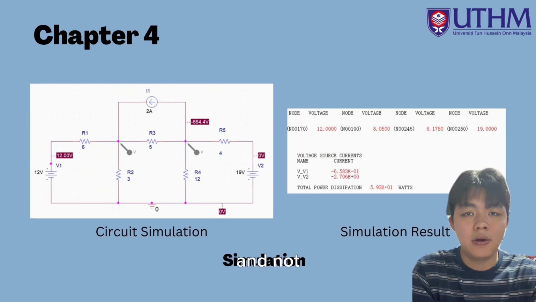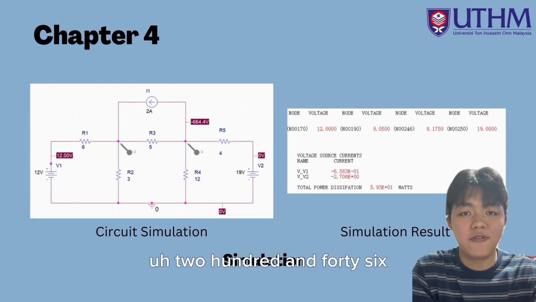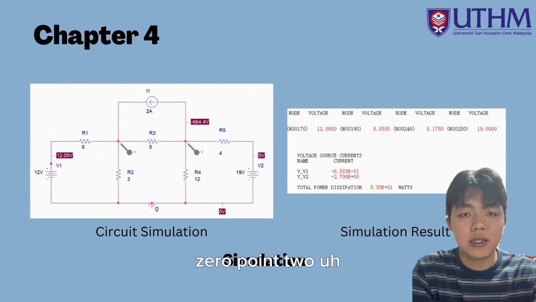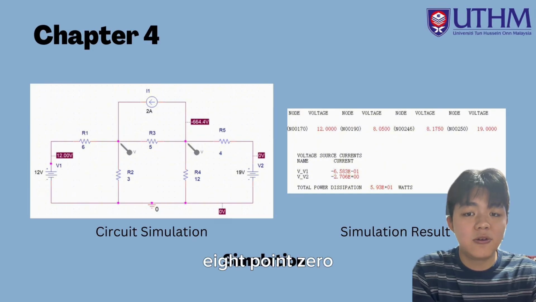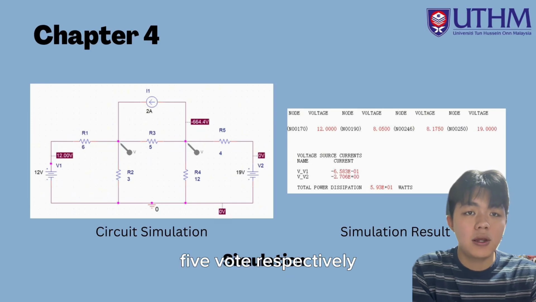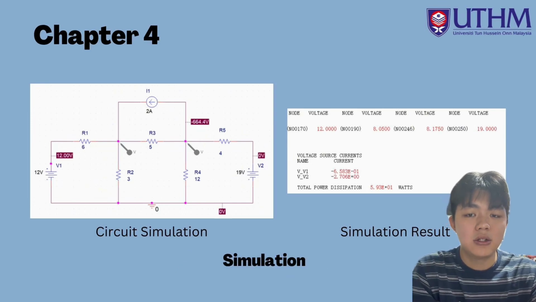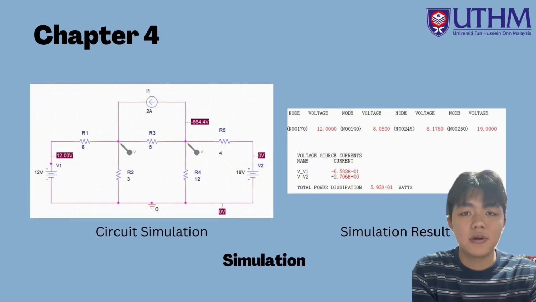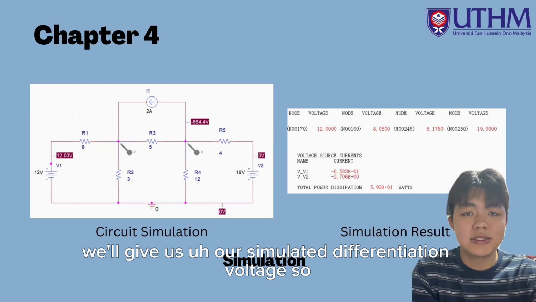190 and node 246. After that, we got 8.05 volt and 8.175 volt respectively. So subtracting the right node from the left gives us our simulated differential voltage.